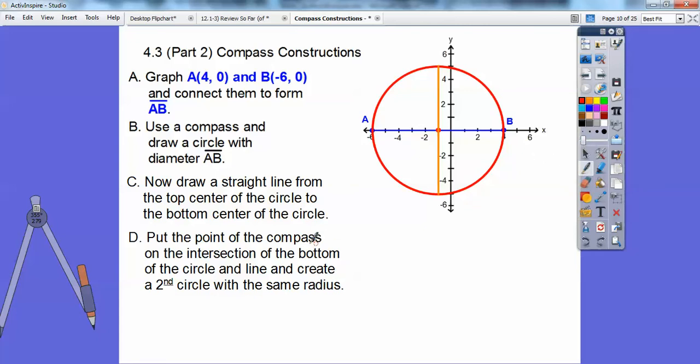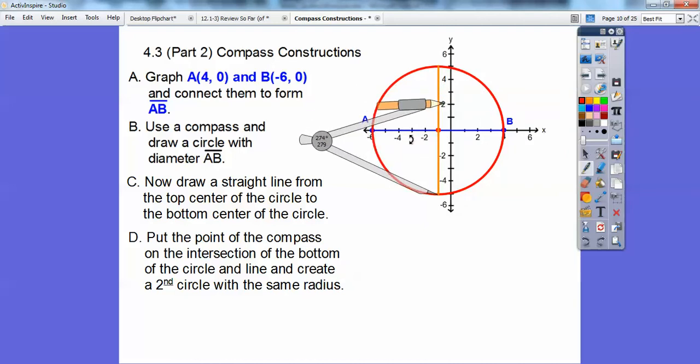So I'm going to put pointy right there. Let me go back to my instructions. It says to create a second circle that has the same radius. So what I'm going to do is make another circle that has this same radius.